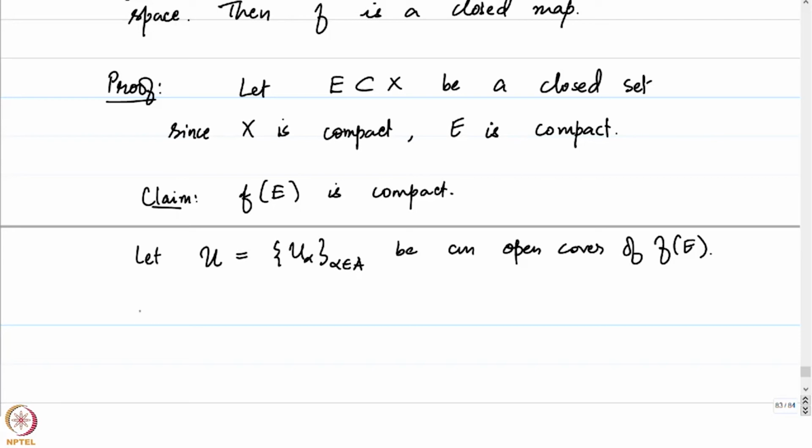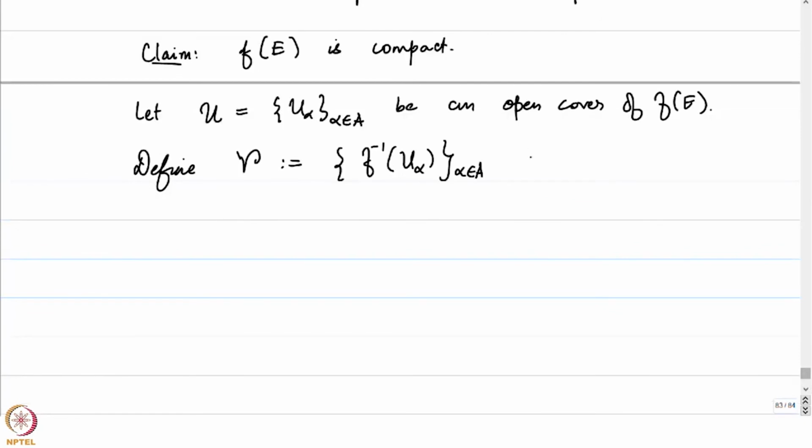Then define V to be the collection of F inverse of U alpha, where alpha is again running over the same indexing set. And notice that this is an open cover of E. But we know that E is compact.